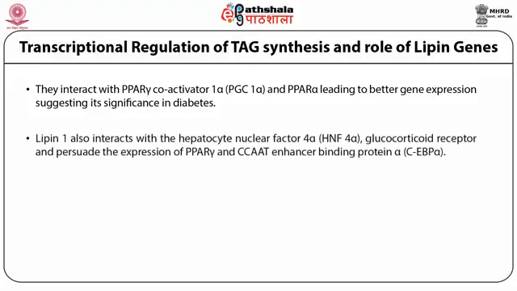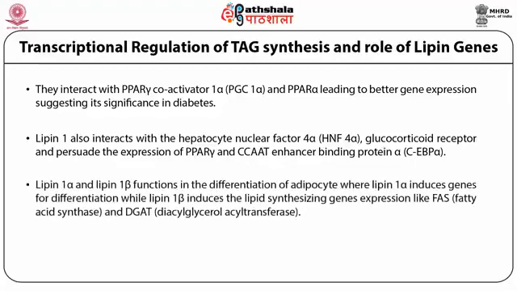Lipin 1 also interacts with the hepatocyte nuclear factor 4 alpha, glucocorticoid receptor, and induces the expression of PPAR gamma and CCAAT enhancer binding protein alpha.